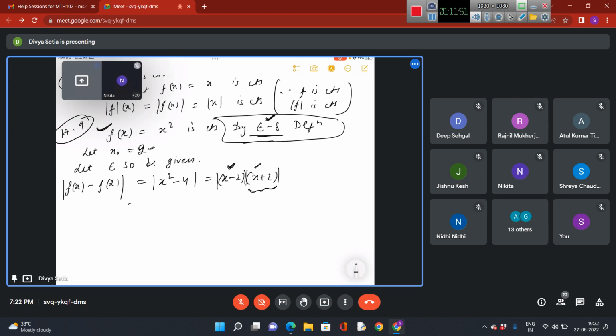So this is the trick which I'll use here, and try to invoke this trick whenever you are stuck with the x. Suppose I assume that |x minus 2| is less than 1. Fine. If |x minus 2| is less than 1, I'll apply my triangle inequality.